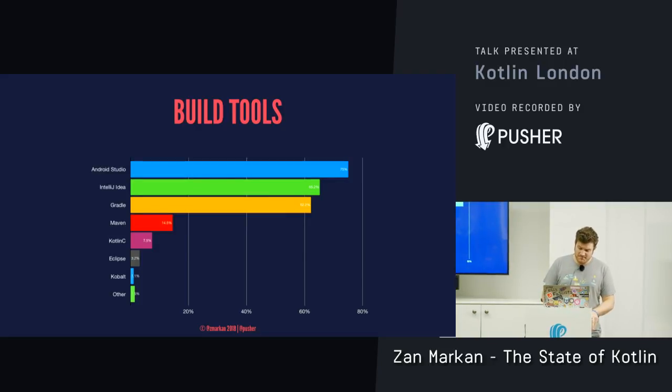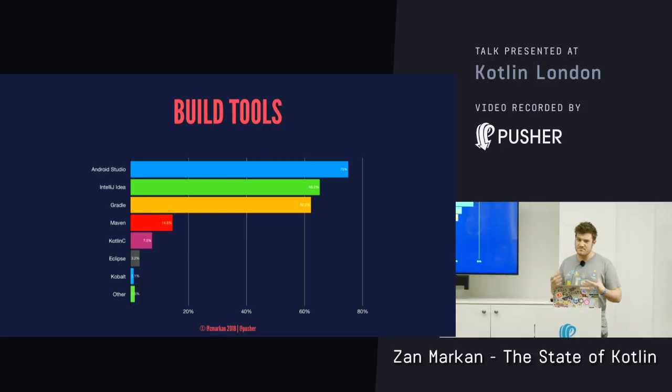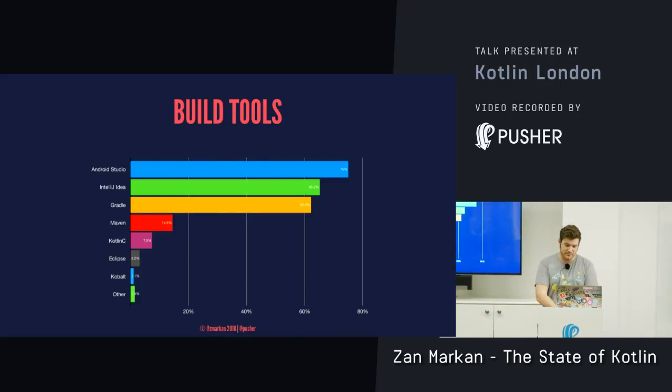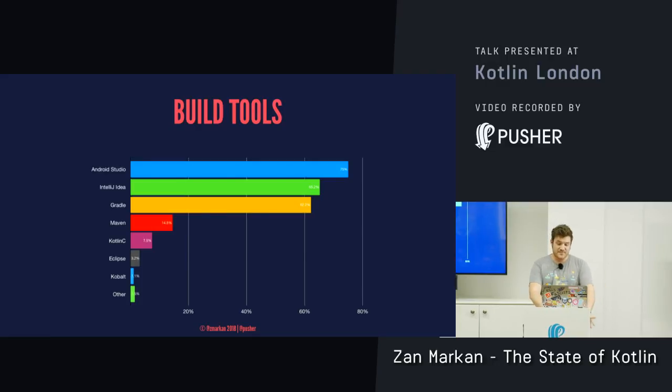I was quite surprised and disappointed that Kobalt, the native Kotlin build system, is only used by 1.1% of people. Honestly, I haven't used it, so it shouldn't surprise me that much, but yeah. Other tools included Bazel and Griffin, and also Buck. Apparently there is support for Buck as well for Kotlin.